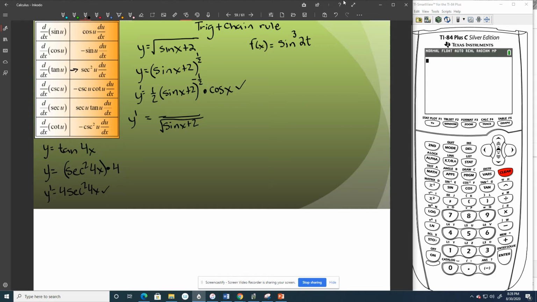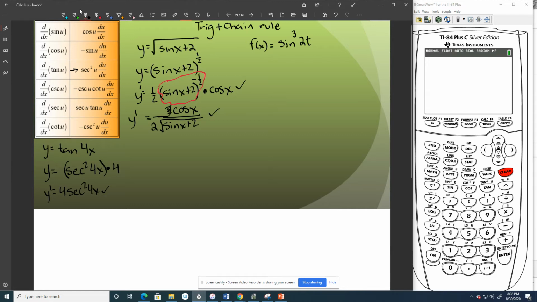So I just moved this whole thing to the bottom. All right. And then my 1 can stay on top. My 2 can go to the bottom. And I have a cosine x on top. So you probably don't need to write that 1 because we do have a cosine x left over on the top. So I get cosine x over 2 root sine x plus 2. Both of those are acceptable answers.